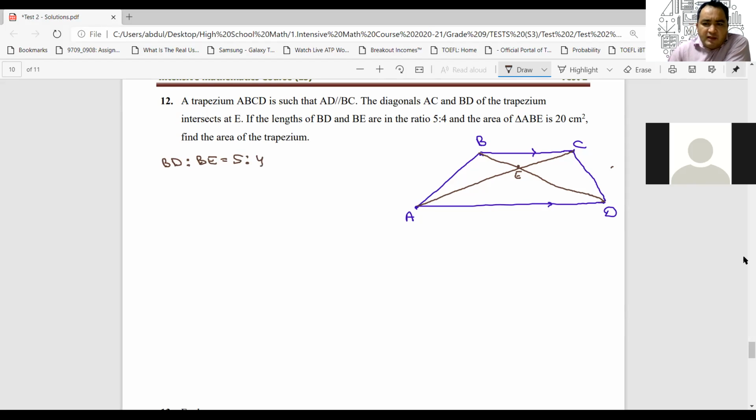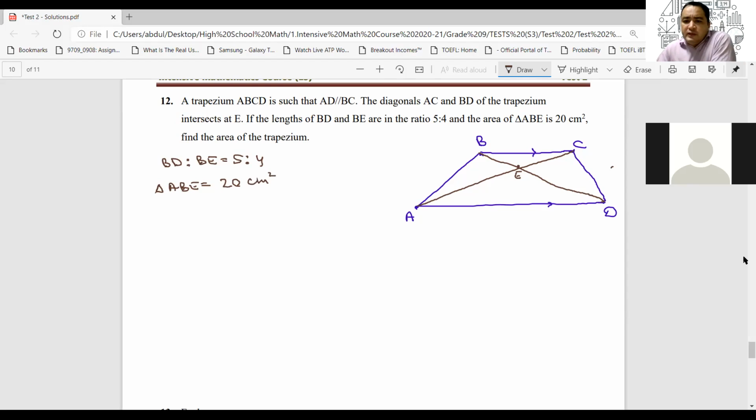And the area of triangle ABE is equal to 20. Let me just not write the units. Okay, we understand, we are talking about the area. It equals 20.